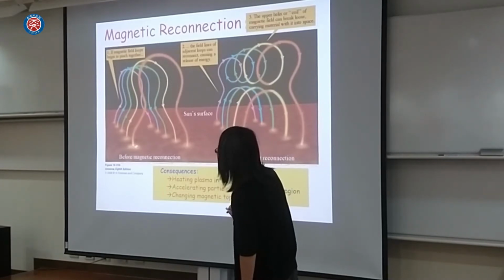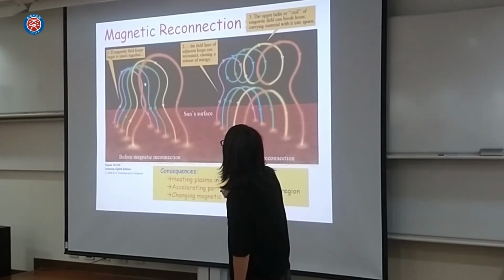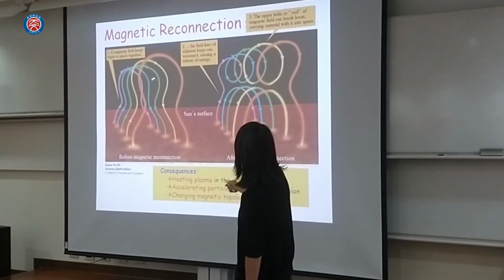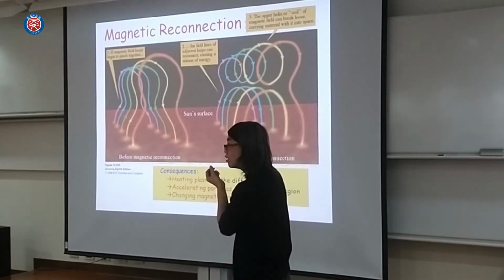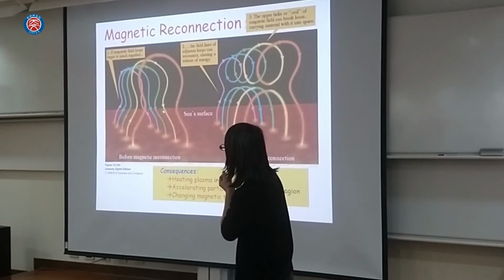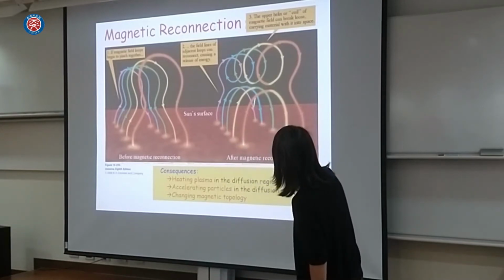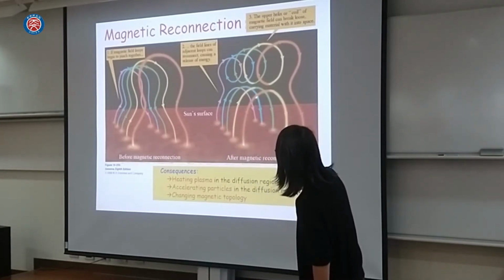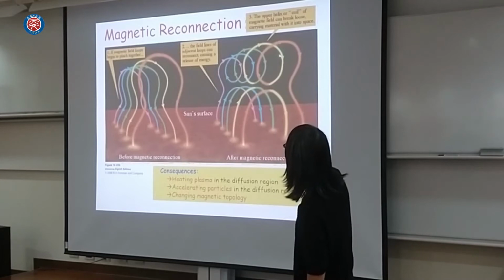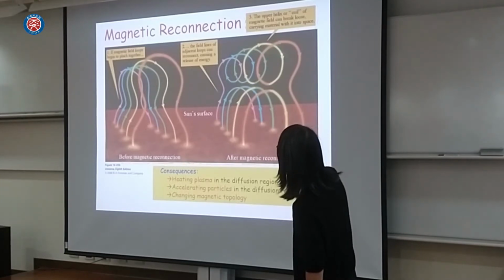This green line, this original line, will break and then connect to the yellow line. So you can see the lower field line like this one, and the upper one becomes like this one.